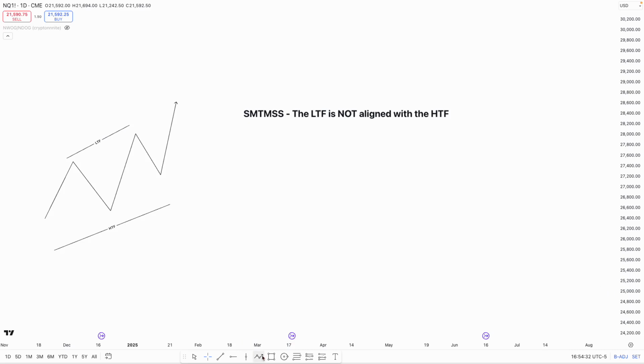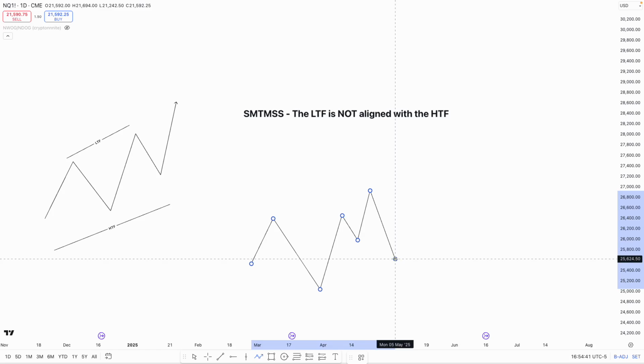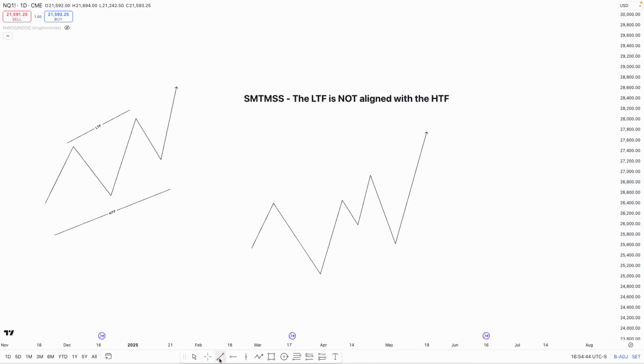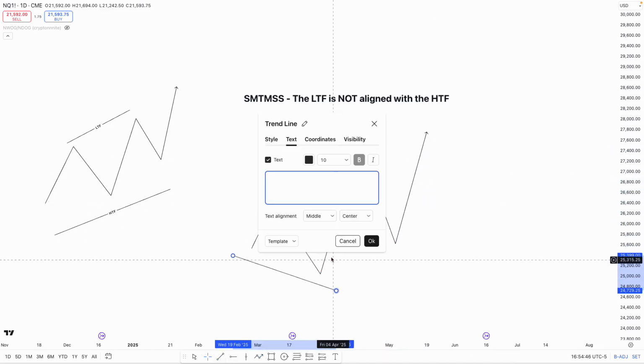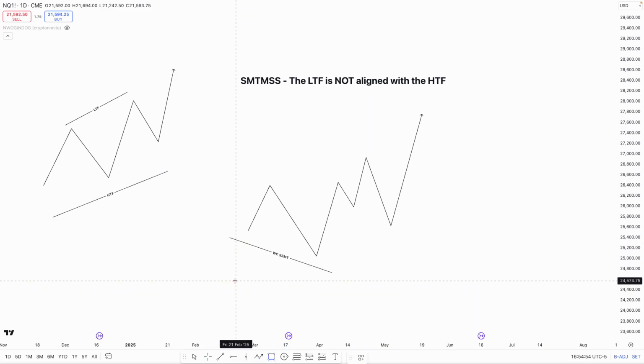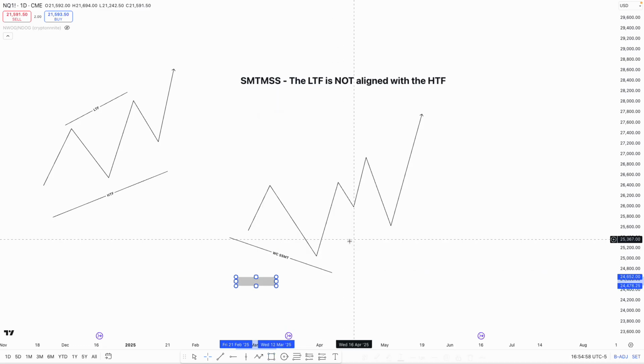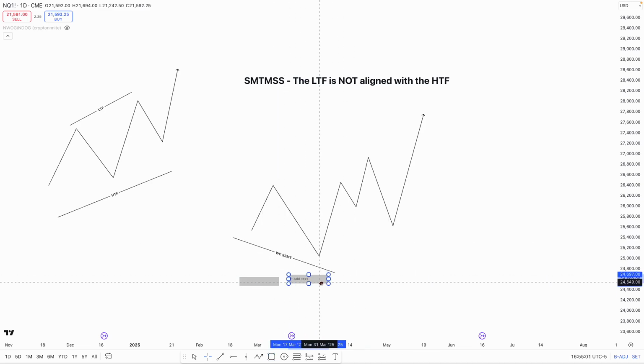So what this may look like is this. Where we could have a weekly cycle sequential SMT, for example. Okay.